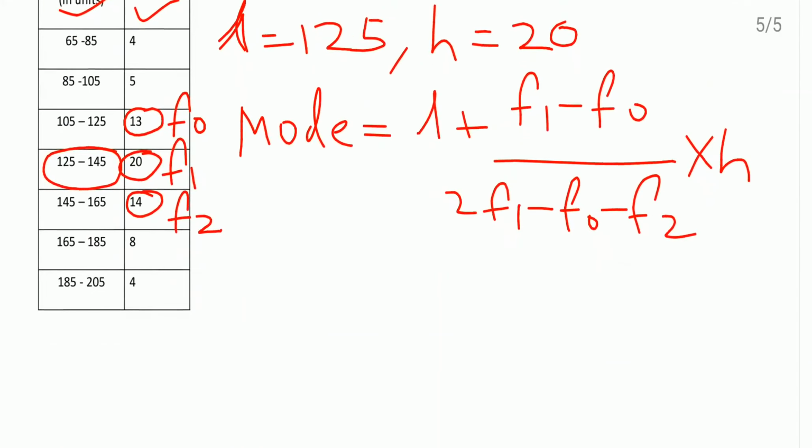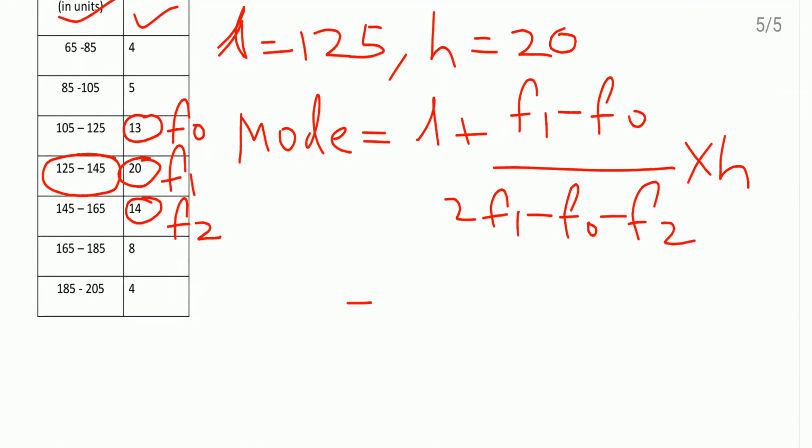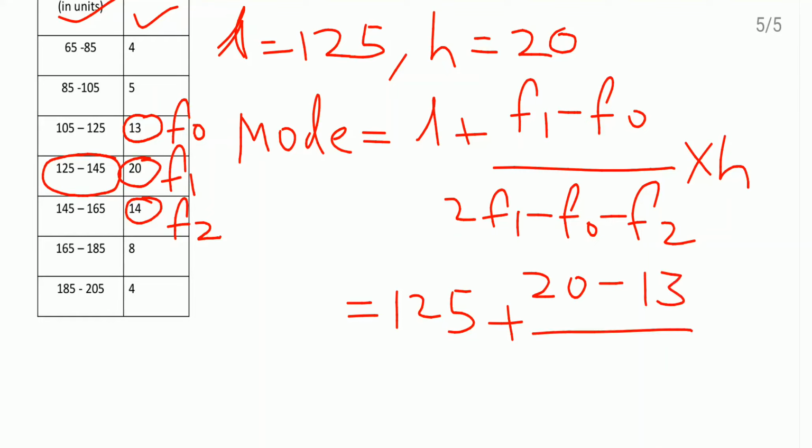We'll just substitute the values now: 125 plus f1 is 20 minus f0 is 13, divided by 2 times 20 minus 13 minus f2 means 14, into h is 20.